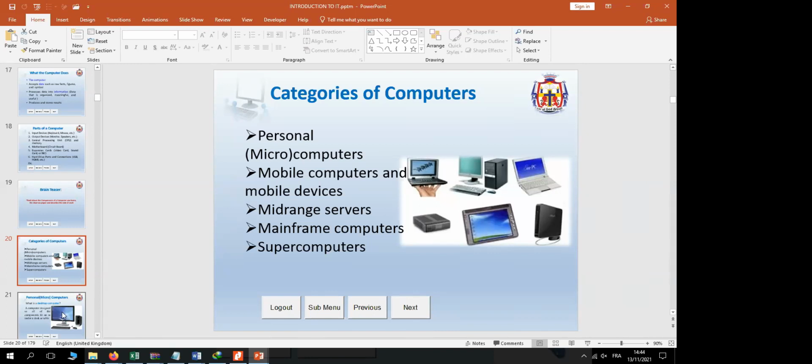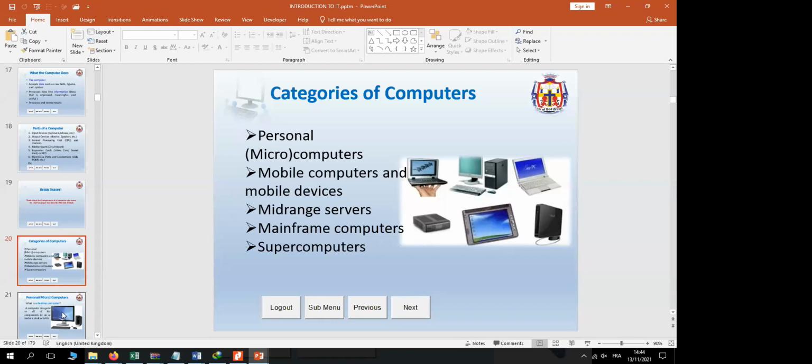We're looking at the categories of computers. You'll find that computers can be categorized into different categories. For example, we have supercomputers, we have microcomputers, personal computers, we have mobile computers, we have mid-range, we have mainframe computers, and so on.